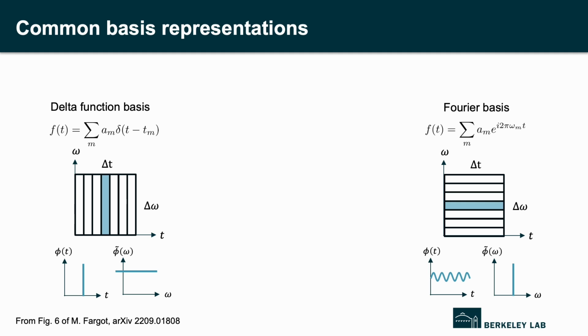At the bottom, on your left-hand side, those are the basis functions in real space and Fourier space. And the diagram in the middle shows the uncertainty in our basis. We have good temporal information, so delta t is very small, but delta omega, the uncertainty in our frequency domain, is quite large.